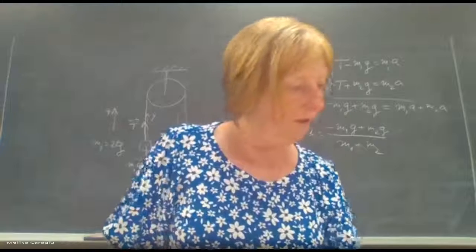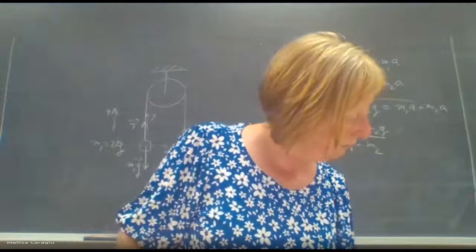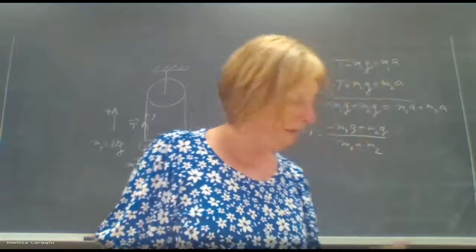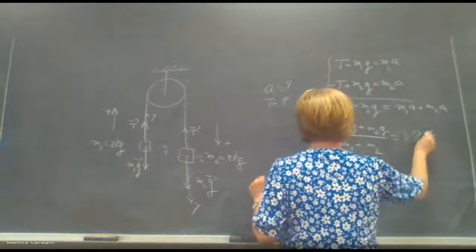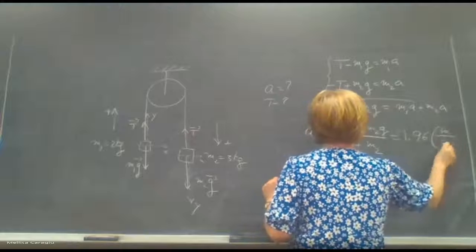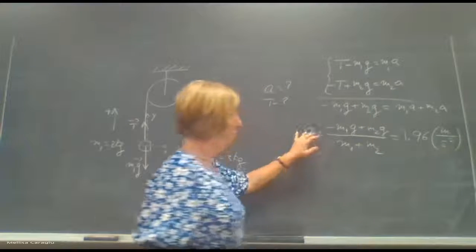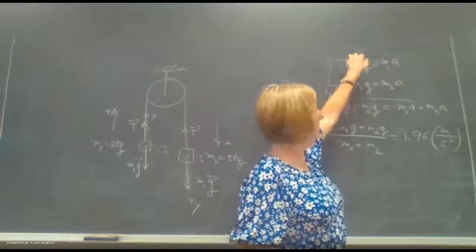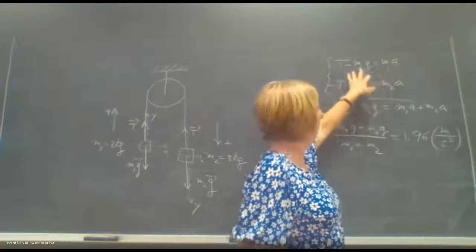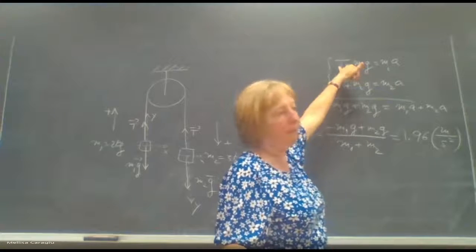And replacing with the numbers, we get that acceleration is apparently 1.96 meters per second squared. And once you know the acceleration, you go in either of the two equations, first or the second one, and obtain the tension.